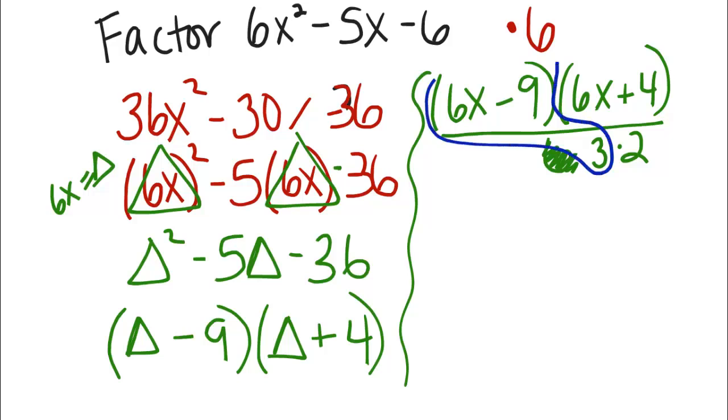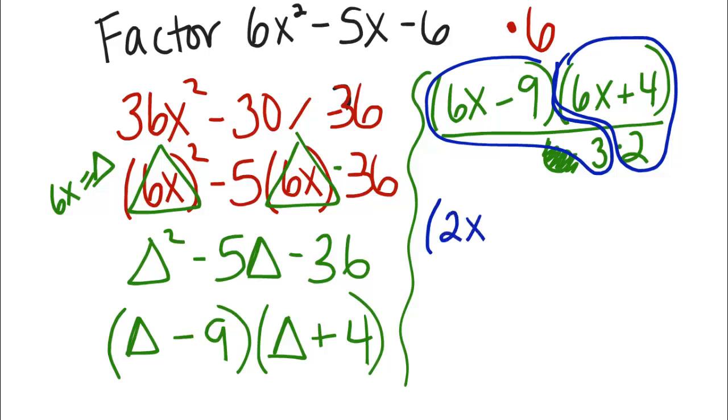Now, notice this first factor is divisible by the 3, and this second factor was divisible by the 2. So we can break it apart like that because of how you would multiply fractions. This is legal. 6x minus 9 over 3 becomes 2x minus 3. Divide each term in that binomial by the 3. And in the second binomial, divide each term by 2, and we get 3x plus 2.